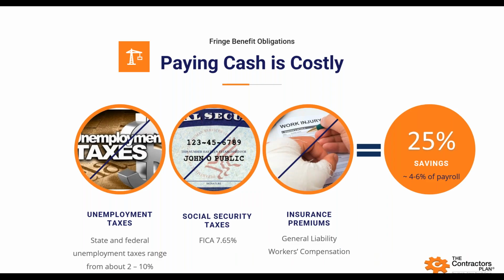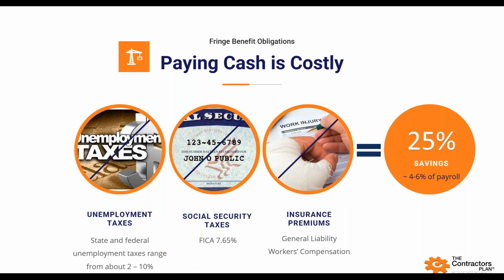So as I alluded to earlier, it's perfectly legal to pay the fringe obligation in cash in the paycheck. It's also costly, and it's also not the way the unions do it. If you're a union contractor and you send the fringe obligations off to the union, all of that is pre-tax, pre-insurance.